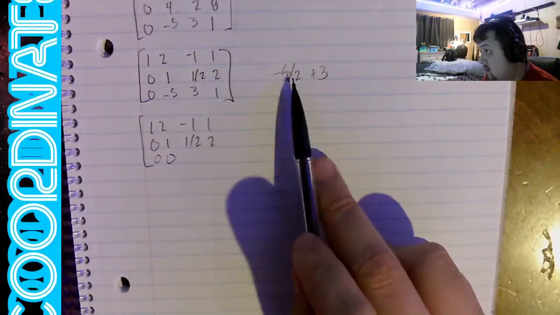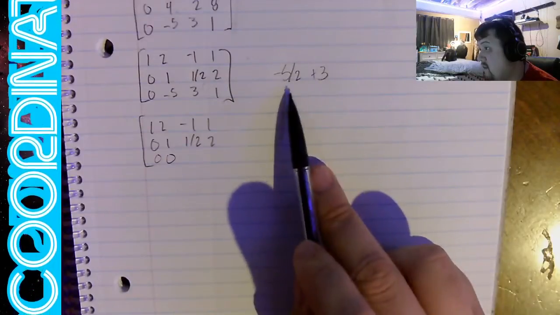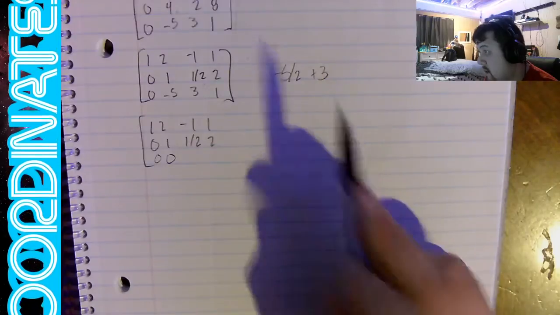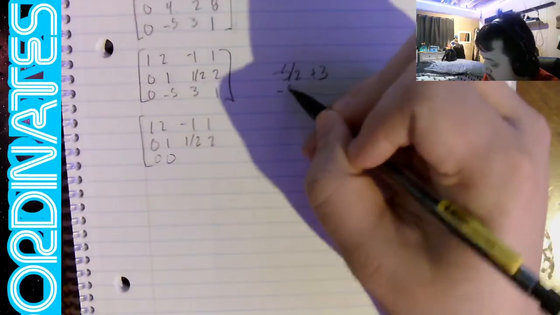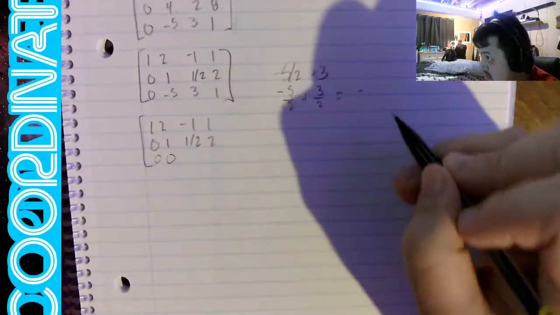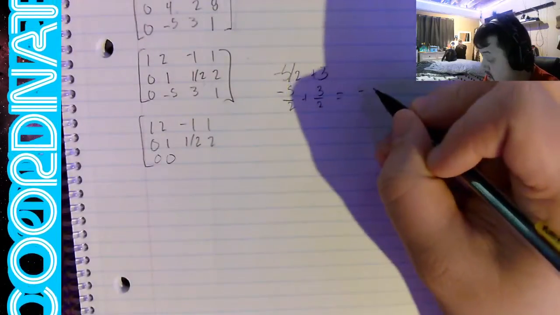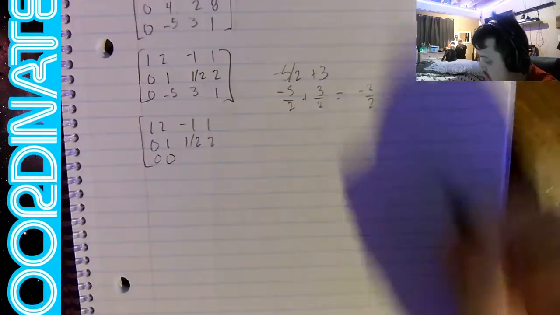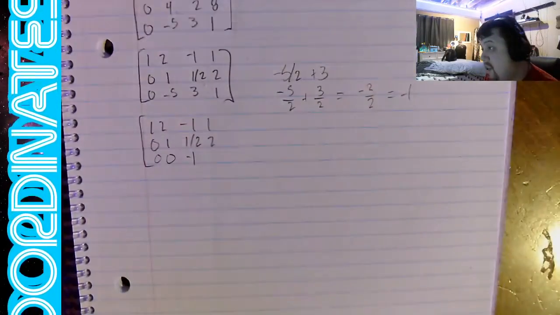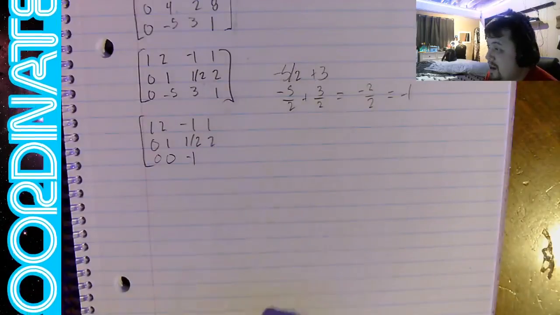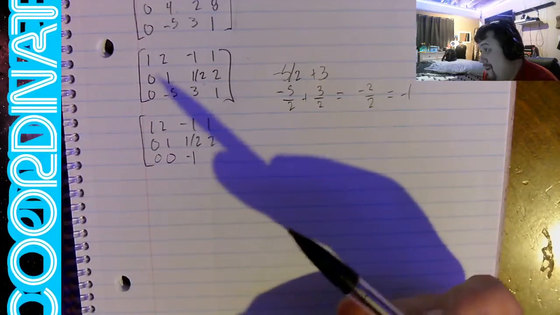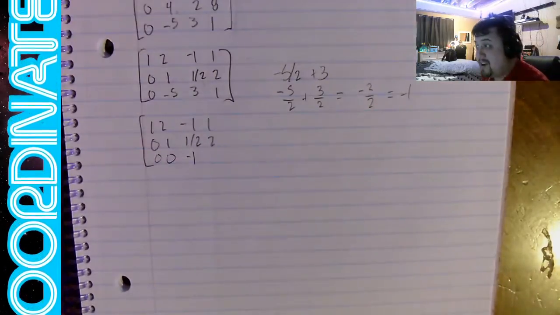Now, in order to add these together, they have to have the same bottom. In order to do that, you multiply the bottom to the top. So we get negative 5 halves plus 6 halves, which is going to give us 1 half. Voila, that's a lot simpler. I know fractions scare people, but would you look at that?